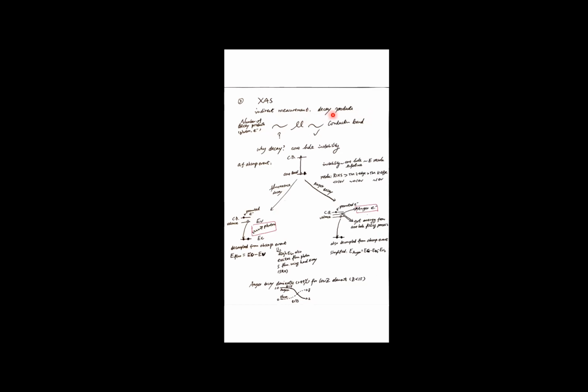We're implying, okay, I'm measuring the number of decay products, either photons or electrons, and I'm suggesting the number of decay products correlates to the absorption coefficient. They have some proportional correlation. And this absorption coefficient correlates to the conduction band information. Because in the end, we're still talking about the conduction band, right?